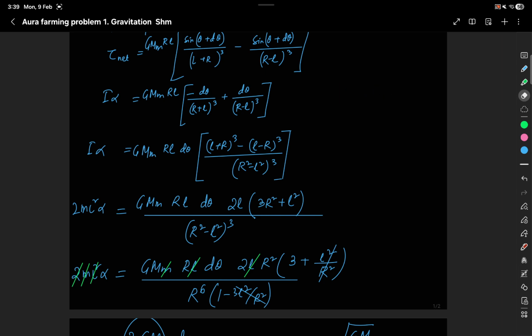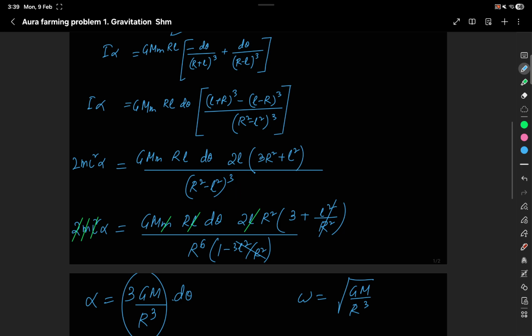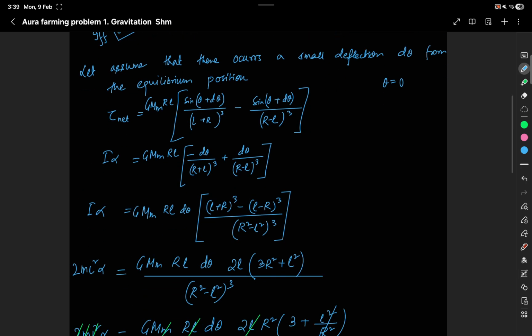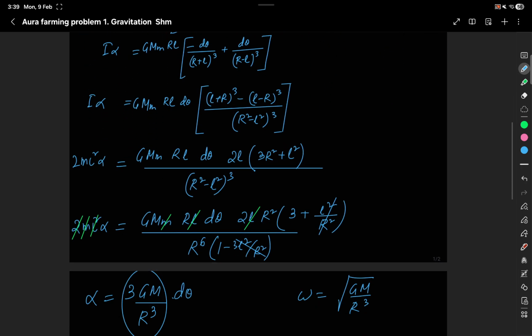So that will be GMm r L d theta, 2L times (3r square plus L square) by (r square minus L square) cube. As given in the question, the rod lies in the plane of the orbit, and length L is much less than r, so you can neglect this L square term.